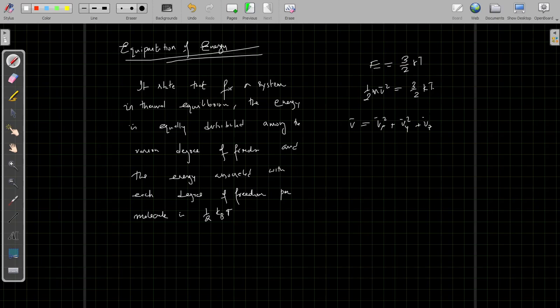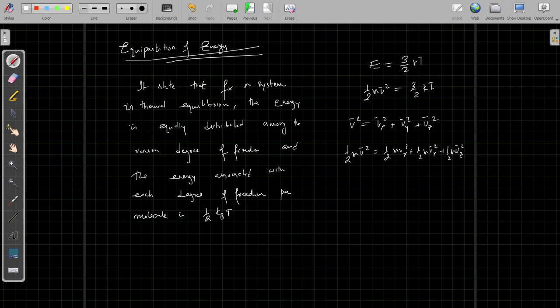Similarly, the average kinetic energy will be written as 1/2 m Vx mean square plus 1/2 m Vy mean square plus 1/2 m Vz mean square. So we can write like this.